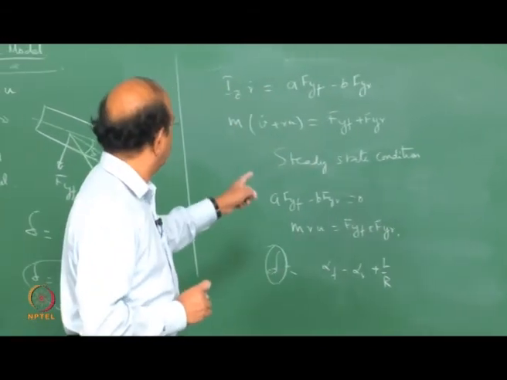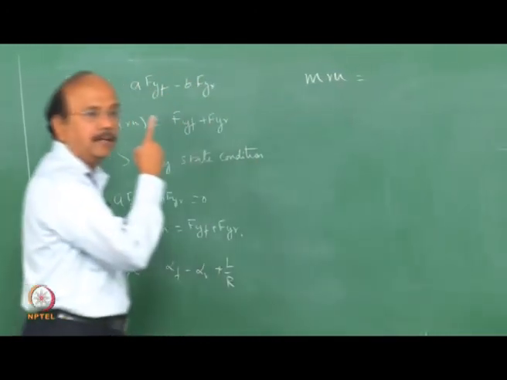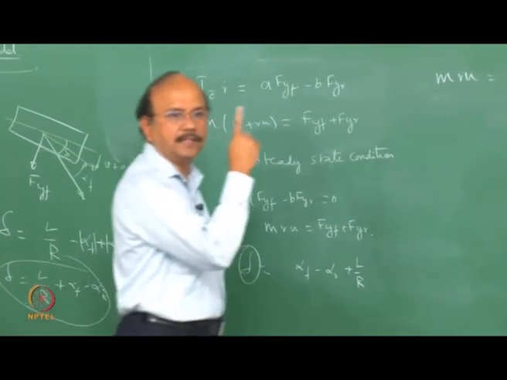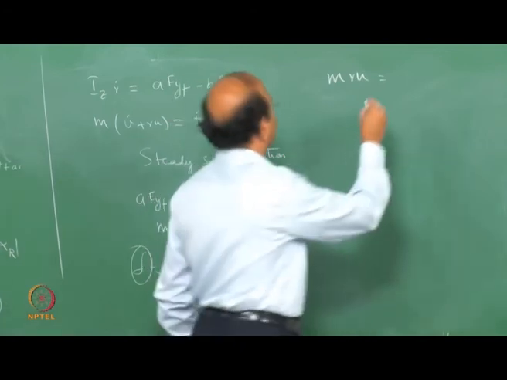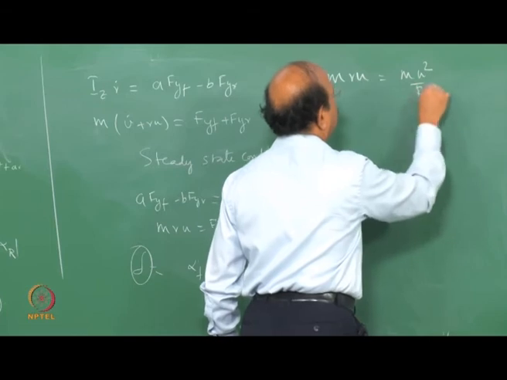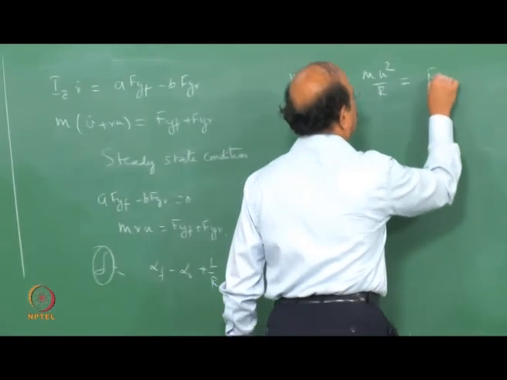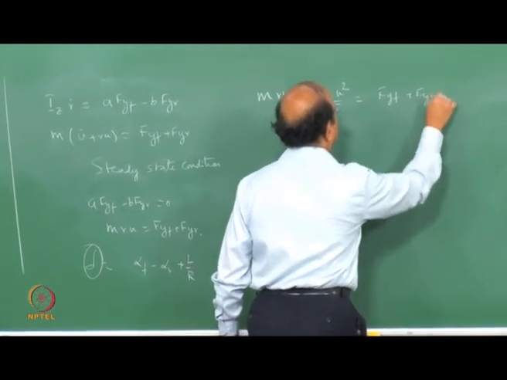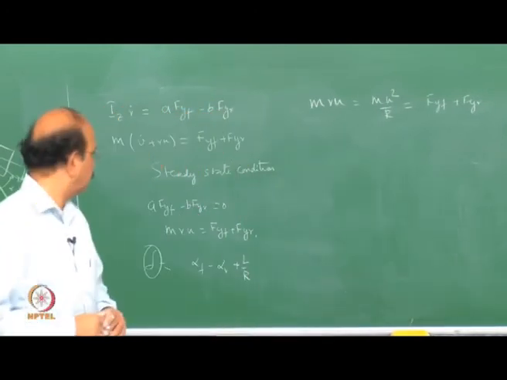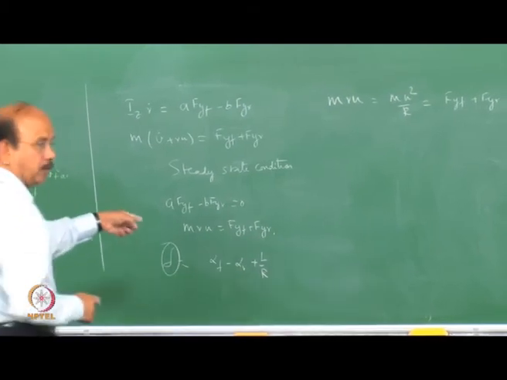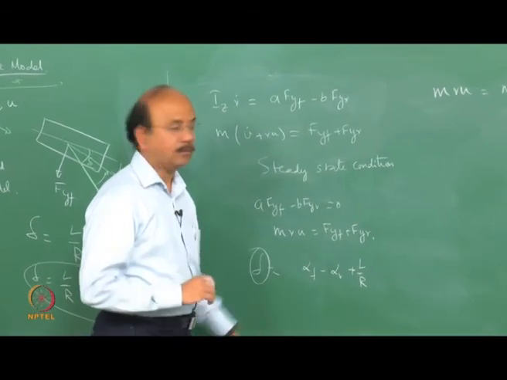Let's look at the first equation, m r u. Remember that r is the yaw velocity, so it is equal to U by capital R. And so m U squared by R is equal to fyf plus fyr. Note that I can also treat this as minus alpha f plus alpha r, so I have to be careful in that.